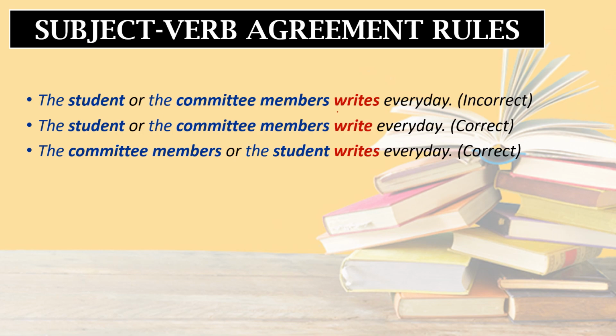So instead of using writes, we need to use write, since committee members is plural. Or we can interchange the subjects. So we can have the committee members or the student writes every day, considering that student here, which is closer to the verb, is in its singular form. Therefore, we need to have the singular verb writes.